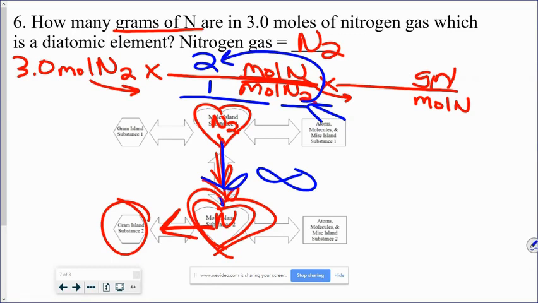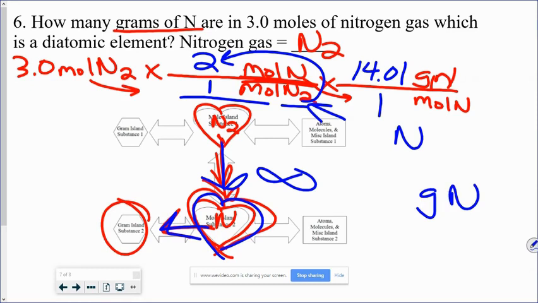When we are going from Mole Island to Gram Island, we use the molar mass off the periodic table. And this is the molar mass of 1 N. So if we look at the periodic table, the molar mass of nitrogen is 14.01 grams per 1 mole. All the labels cancel out except for grams of nitrogen. So our label is going to be grams of nitrogen.